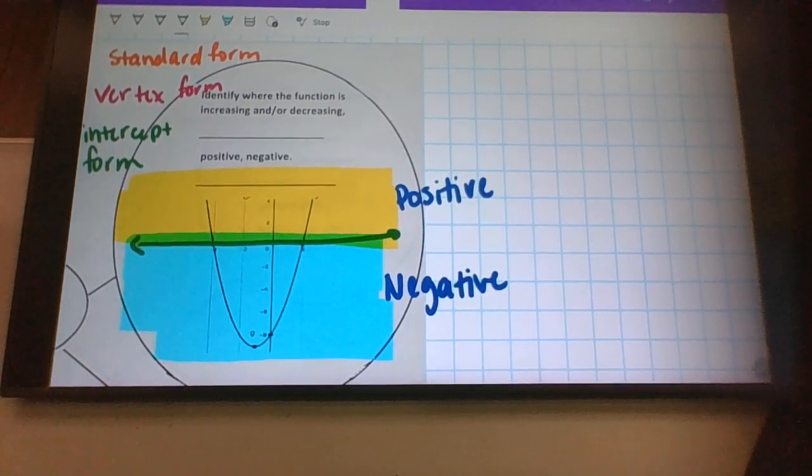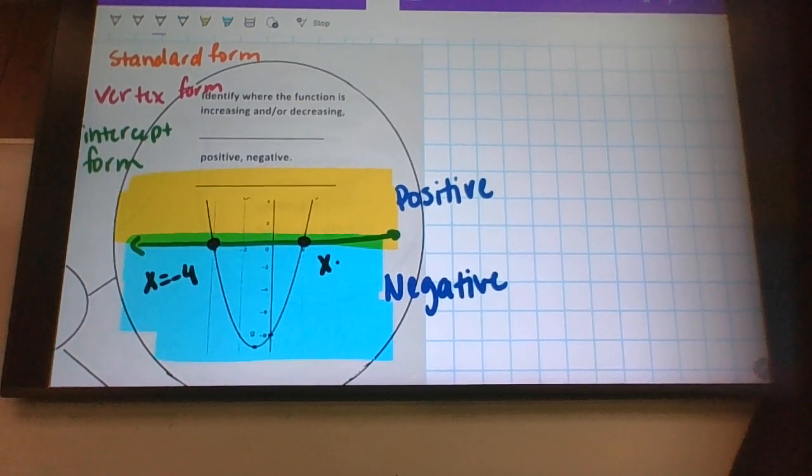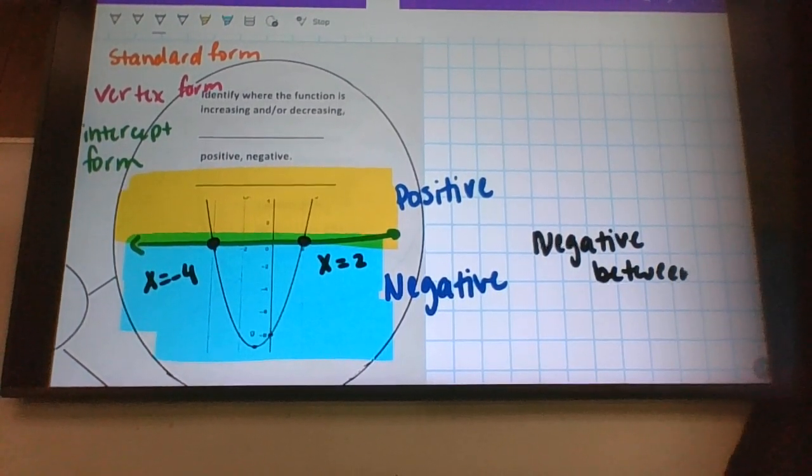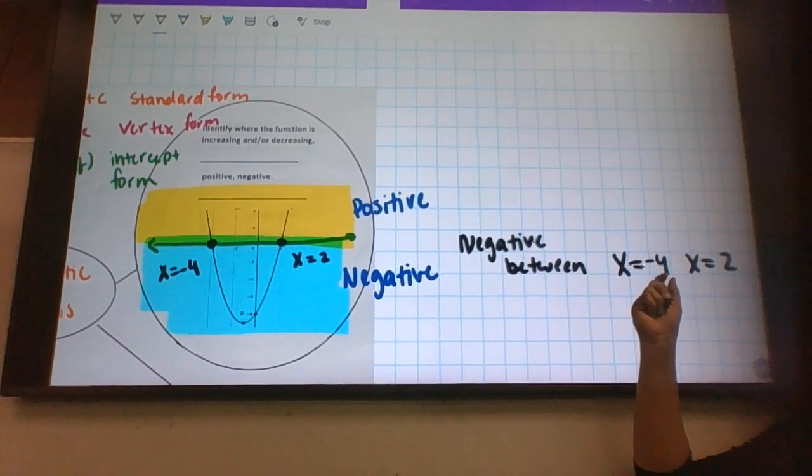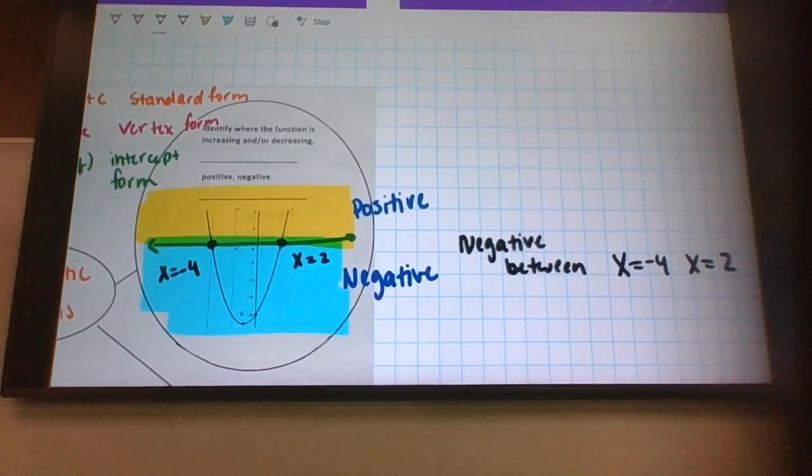So I'm going to look for the zeros. Is this negative 4 and positive 2? So I'm going to say that it's negative between x is negative 4 and x is 2, and how I would write that with math symbols.